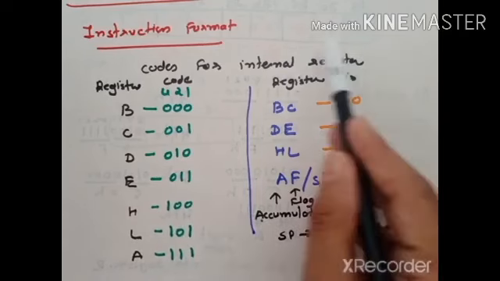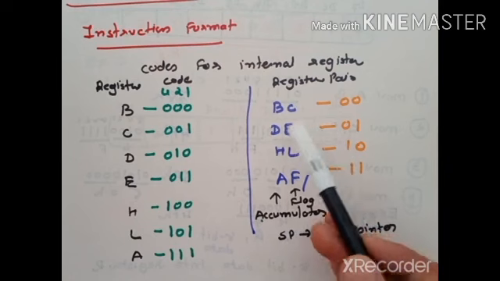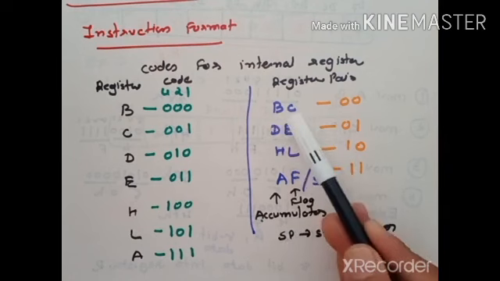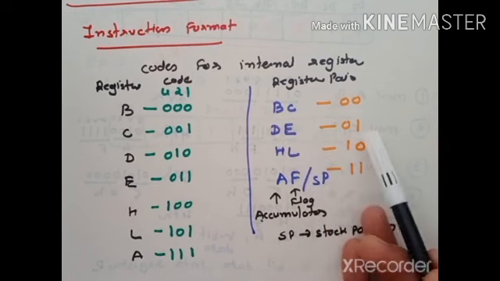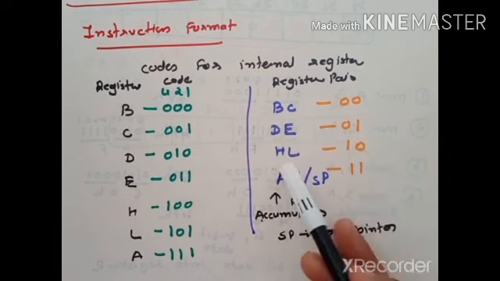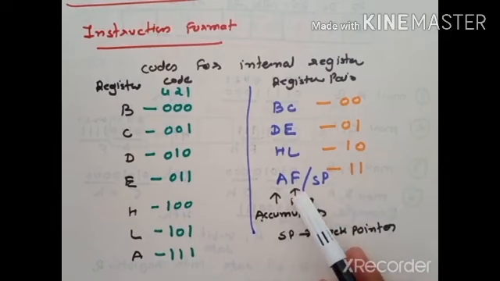If we use a register pair, the equivalent code for register pair BC is 00, DE is 01, HL pair is 10, and then AF, that is accumulator and flag, or SP, that is stack pointer, the code is 11.